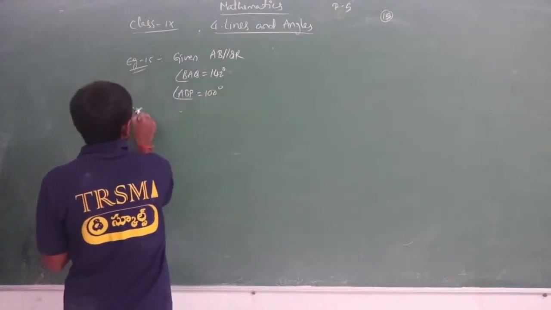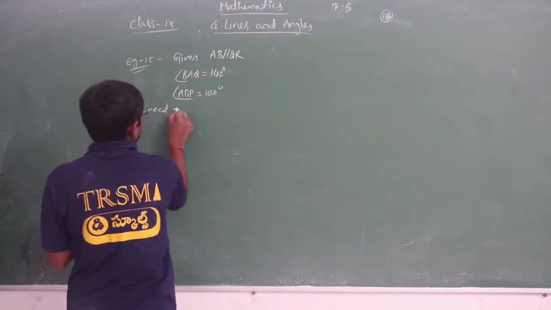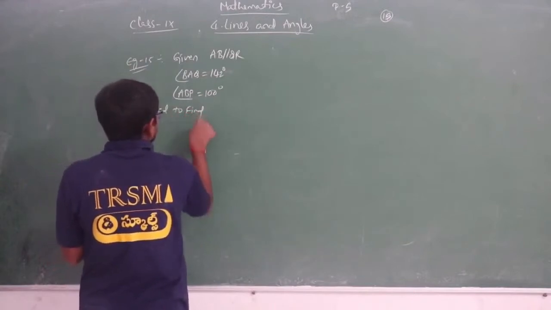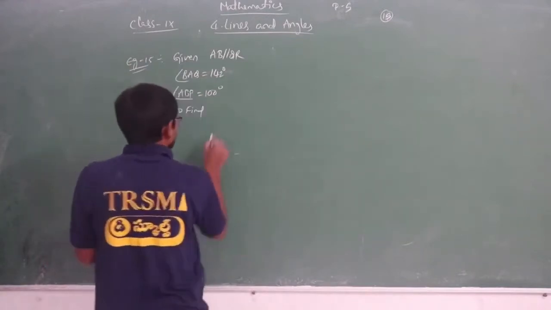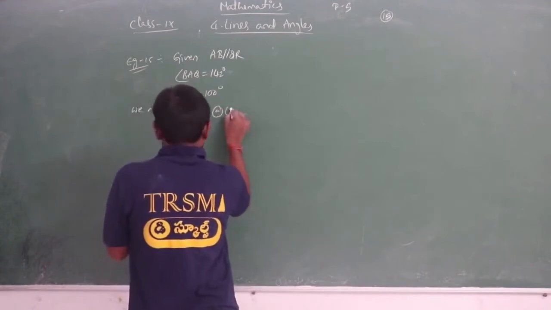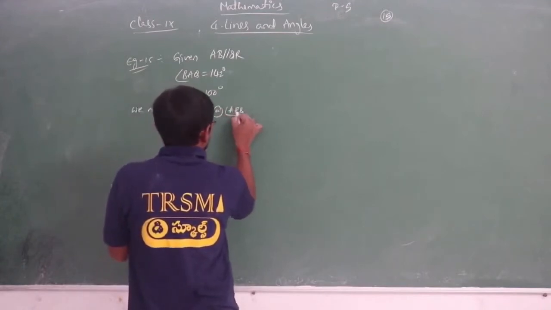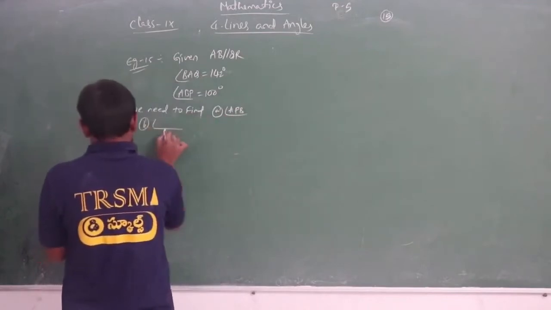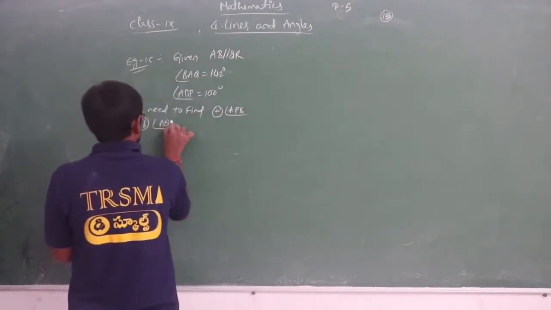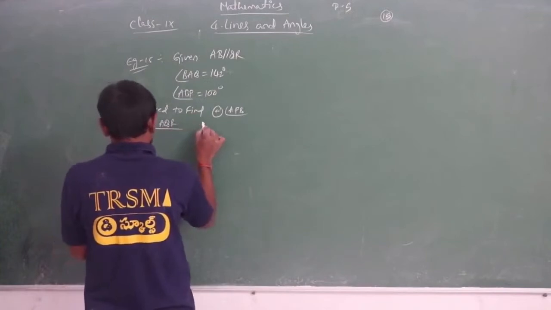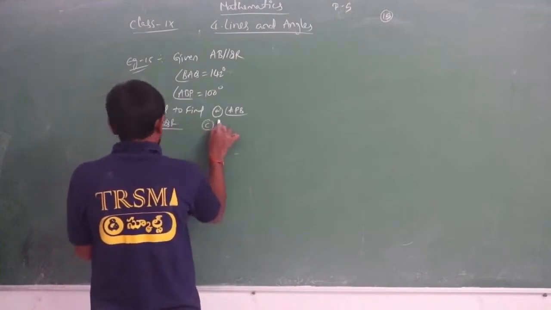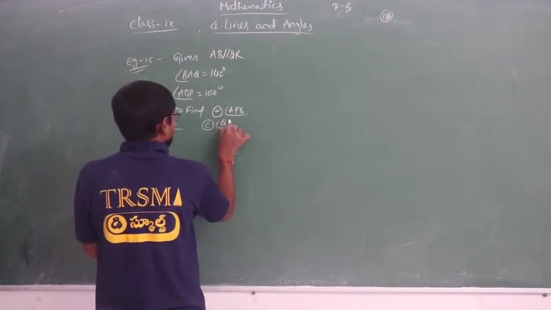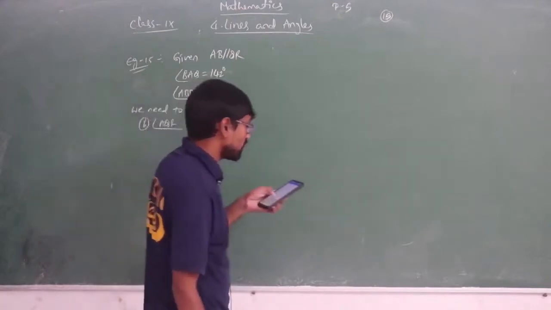We need to find: first, (a) angle APB; (b) angle AQR; and (c) angle QRP. These three angles we need to find.